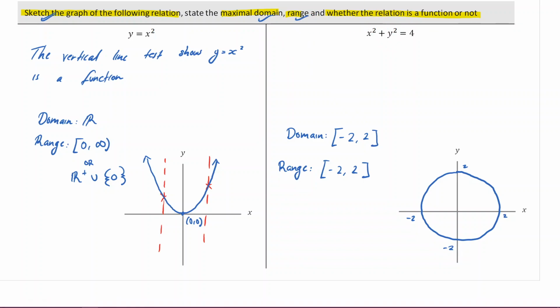I can use my vertical line test. If I was to draw a line through this right here, as you can see, it touches it twice. So the fact that I can draw a line through the graph and it touches it twice is telling me that this is not a function.